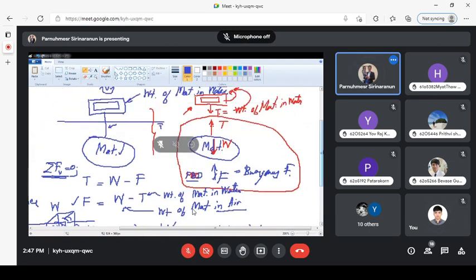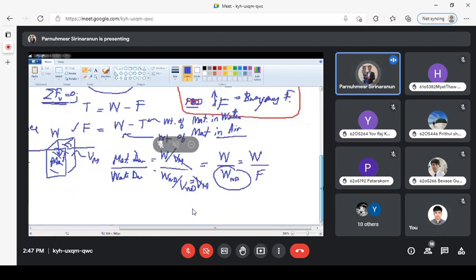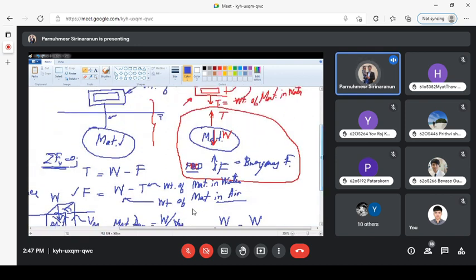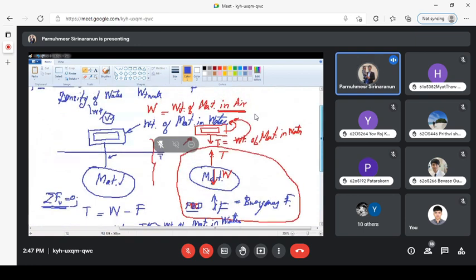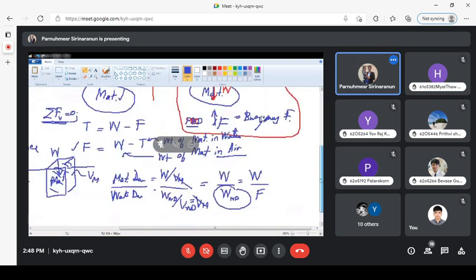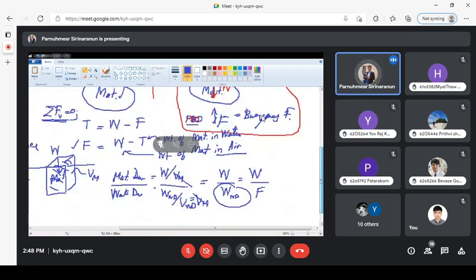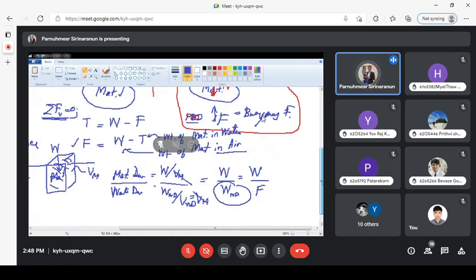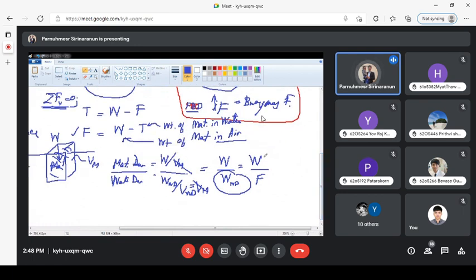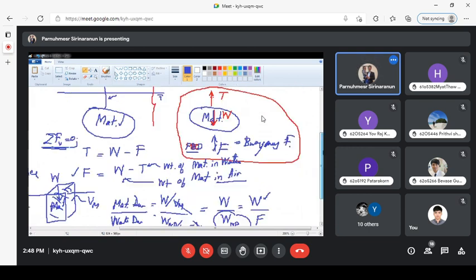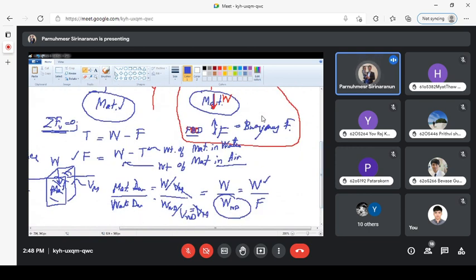Then the technique almost every engineer uses to find what? To find the specific gravity of material. He used the method of what? Method of weight. By measuring the weight of material in the air and measuring the weight of material in water. Why?